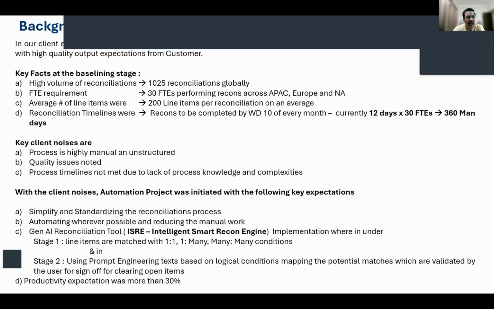In the second stage, using prompt engineering text, we use logical conditions and judgment-based matching to get potential matches, which are reviewed and validated by the user for sign-off or clearing of the open items. The productivity improvement we are expecting was more than 30%.